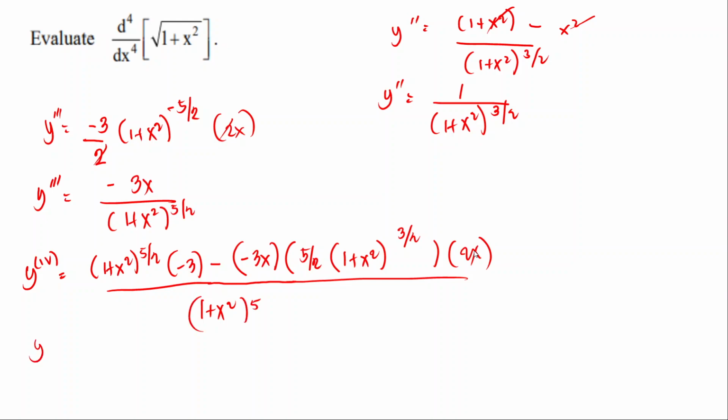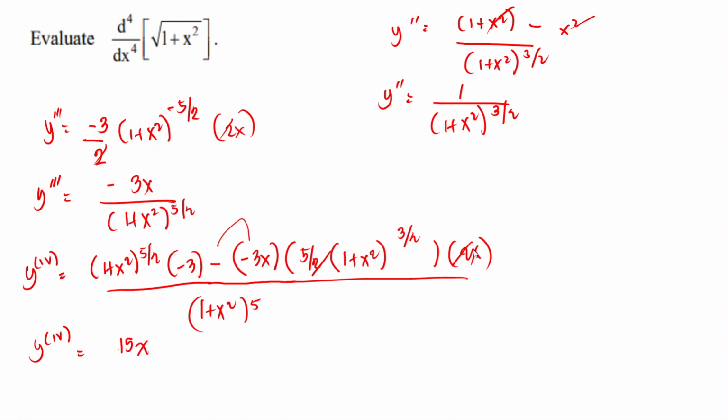So, let's simplify the fourth derivative. This is negative to. So, ito magiging positive. So, unahin natin to. Magka-cancel si 2. Ang matitira is positive 15. Yeah. Positive 15 x. Okay.